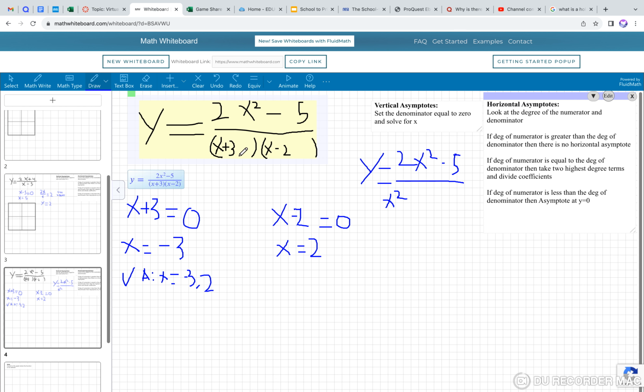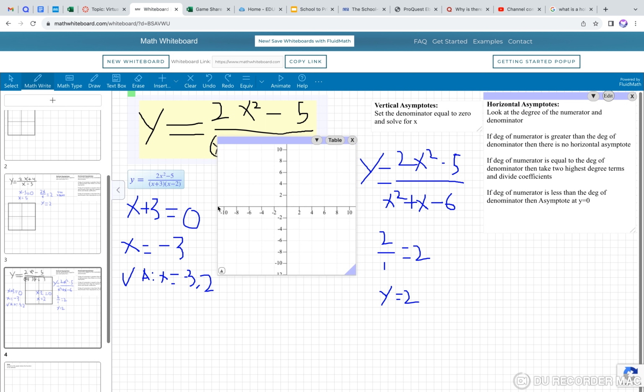You got minus 2x plus 3x, so we'll just get a plus x, minus 6. So we can see now that, once again, the degree of the numerator on top is equal to that at the bottom. So we take the coefficients, 2 over 1 equal to 2. So there should be a horizontal asymptote at y equals 2.